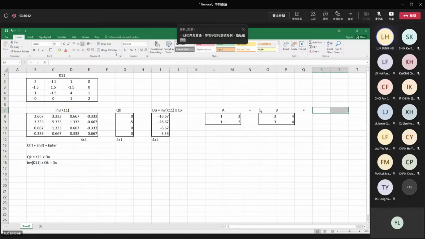Maybe I call the outcome C. Similarly, you have to highlight the final dimension of C. C is a 2x2 matrix. For addition, you can use the plus symbol: the first matrix plus another matrix, and then you press Control Shift and Enter. Then you can find out the result after addition. Excel supports matrix addition, subtraction, multiplication, and matrix inverse.